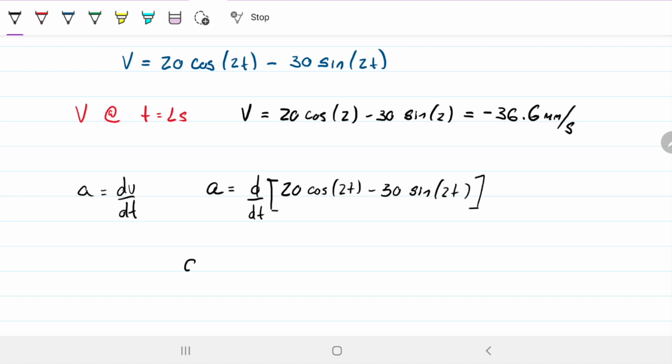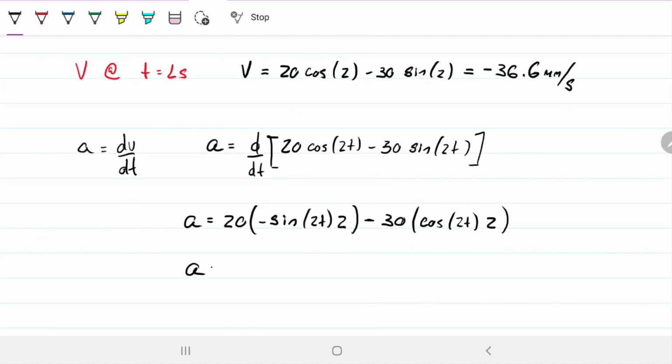Okay, so the acceleration equals 20 times the derivative of the sine, which is cosine, negative sine of 2t. We have the 2 there, so we're going to have an extra 2 multiplying, and minus 30, and then we have the derivative of sine, which is just cosine of 2t, and then we have the 2 again, so another 2 multiplying.